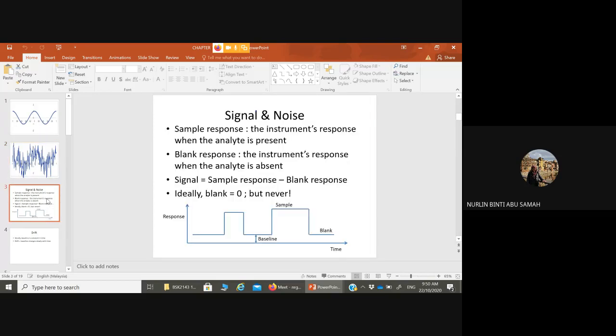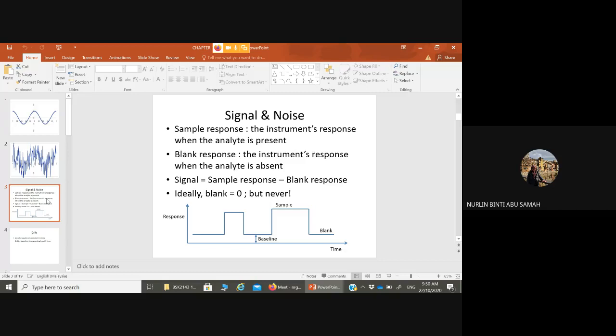When we talk about signal and noise, what is the difference between these two? Signal is the sample response. It means that your analyte gives a response. That is what we mean by signal, the signal of your analytes. We want to increase the signal of your analytes.